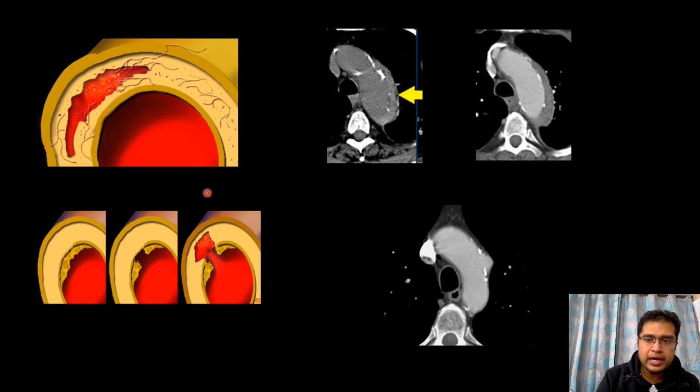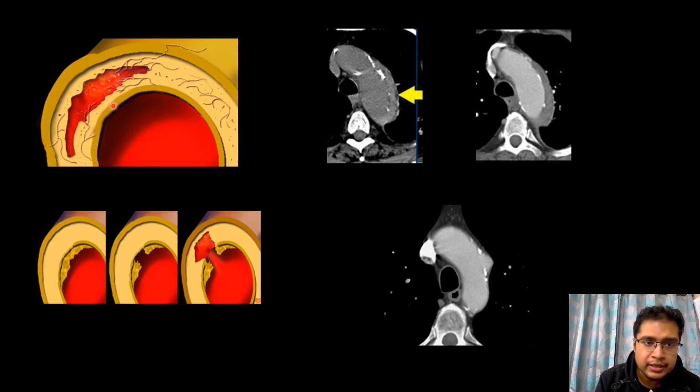So this is a very important slide showing the acute aortic syndromes. Here we can see that there is blood within the tunica media layer of the vessel. This is the intima, this is the media, and this is the adventitia, and we can see blood within the tunica media layer of the vessel with no intimal flap.